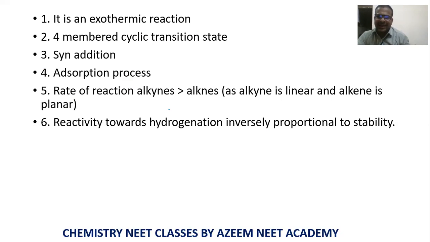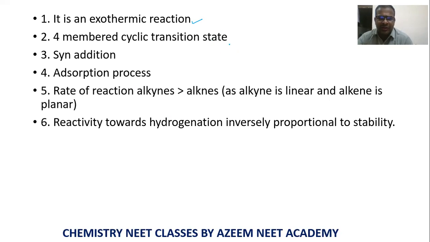Alkenes and alkynes are more reactive compared to alkanes. Alkene is more reactive, and alkane is less reactive, meaning more stable. So less stable is converting into more stable, meaning it is an exothermic reaction. Heat will get liberated, which is known as heat of hydrogenation.